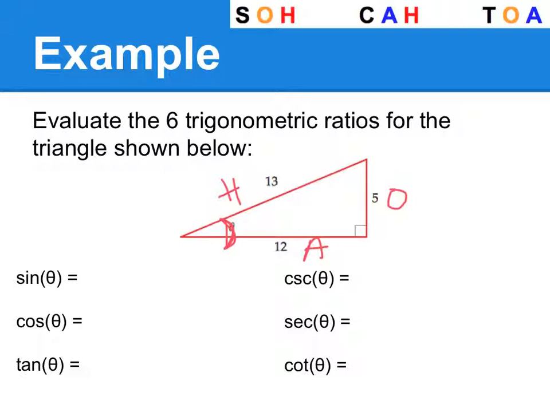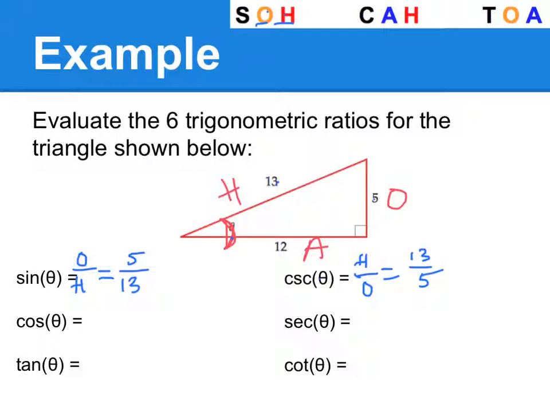So if I want to find sine of theta, sine is opposite over hypotenuse, or in this case, 5 over 13. Now you can use a calculator to simplify that. I'm usually going to ask for the 4 decimal points, but don't worry about that yet. Cosecant of theta is the opposite of that, so it'd be hypotenuse over opposite, which is 13 over 5. And oh my god, what a coincidence, 5 over 13 and 13 over 5. They're opposites. They're like that for a reason. Let's try cosine.